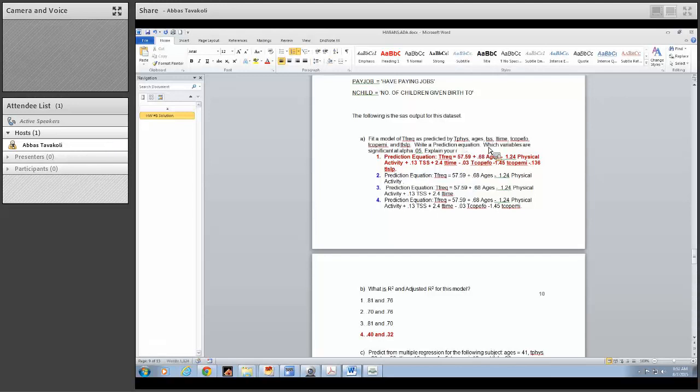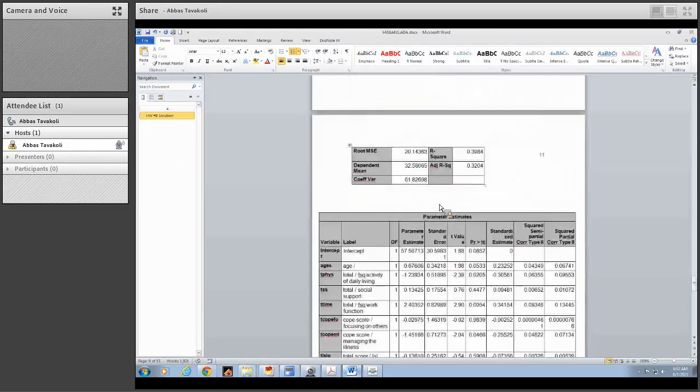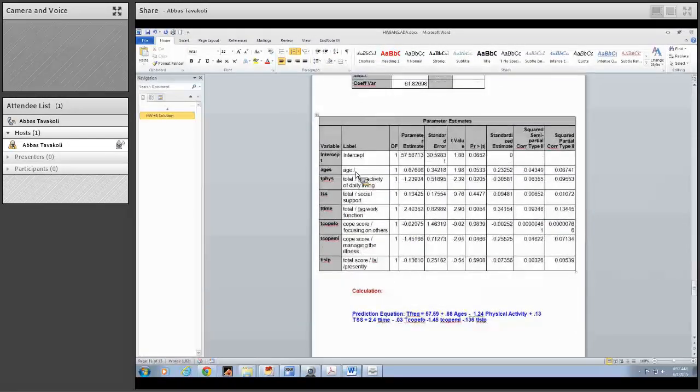Here, if you look at the prediction equation, you have several independent variables. Your intercept is the constant, and then all of these are the coefficients for those variables.